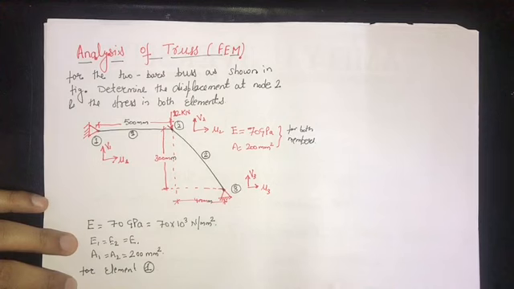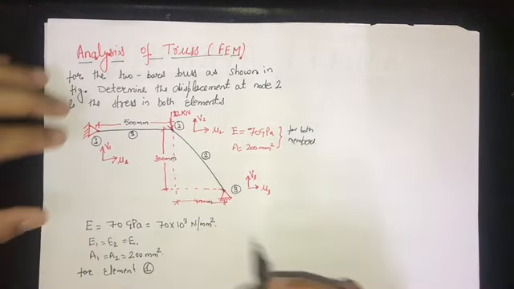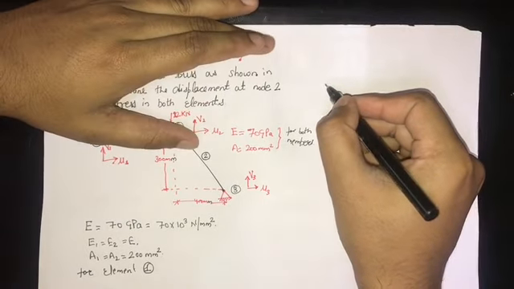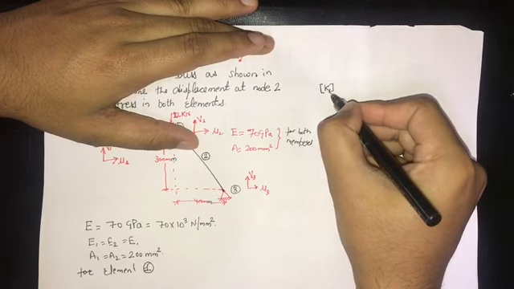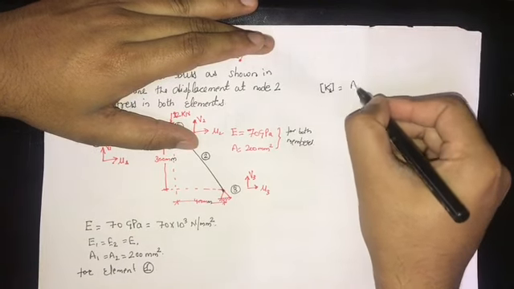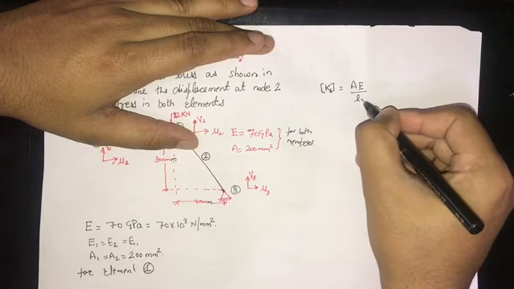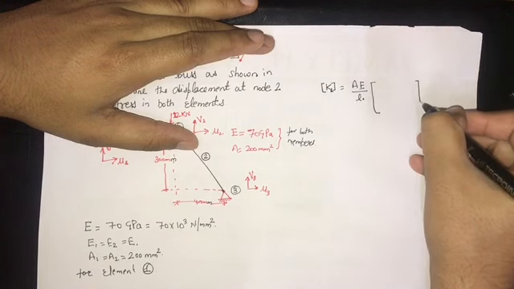For element 1 we need to calculate the stiffness matrix, that is K, denoted as K1, which is equal to AE by L times a 4 by 4 matrix in the truss element.